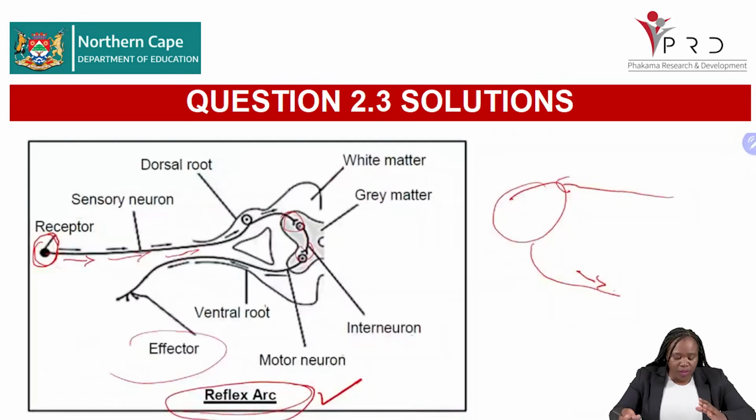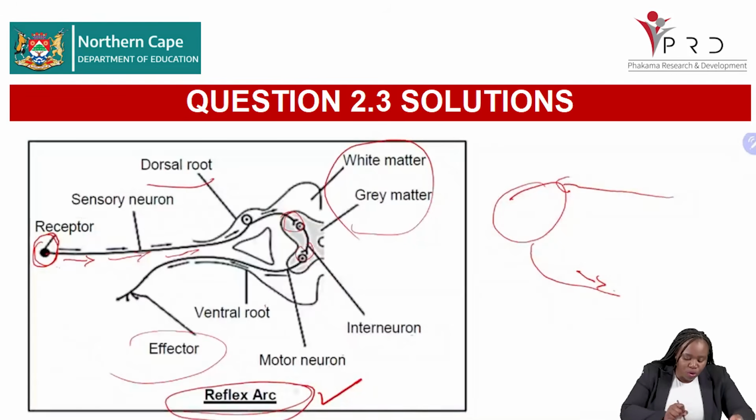We have so many labels here. You can even get some labels wrong. However, if you only have two that are correct, then you're sorted. If your motor neuron is there, your sensory neuron is there, your interneuron is there, you already have your 2 marks. If your effector or receptors are there, you already have your 2 marks. You might not even show your white matter and your grey matter.